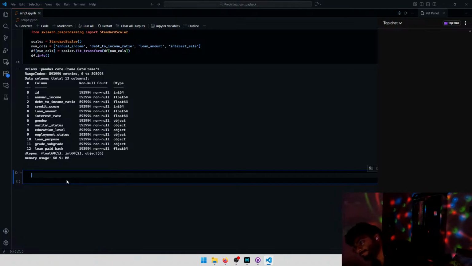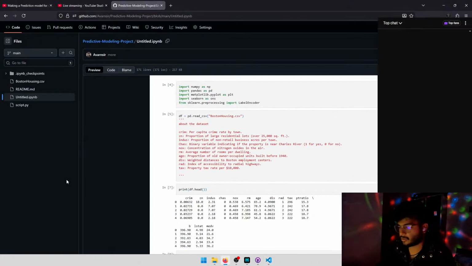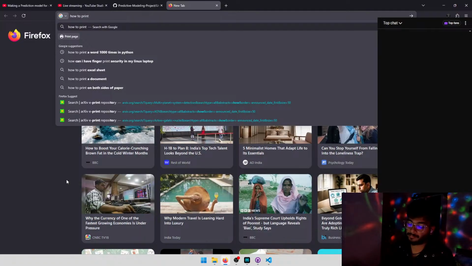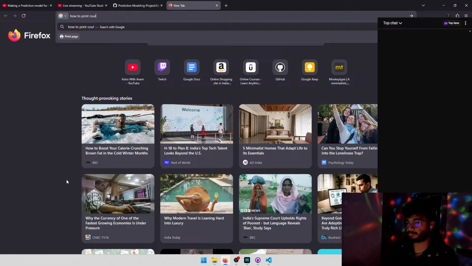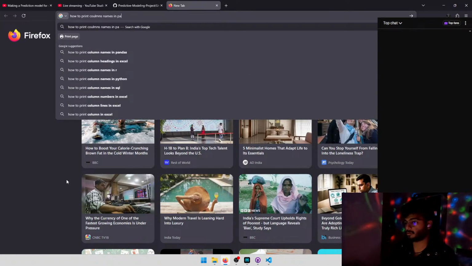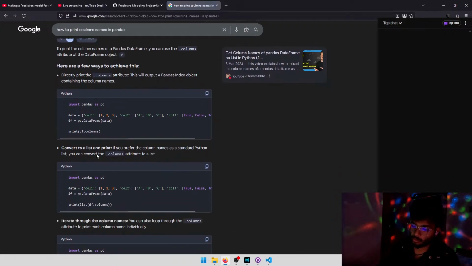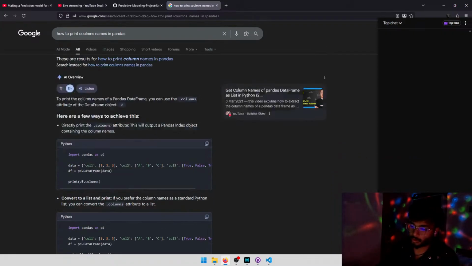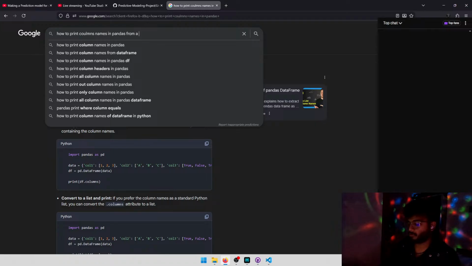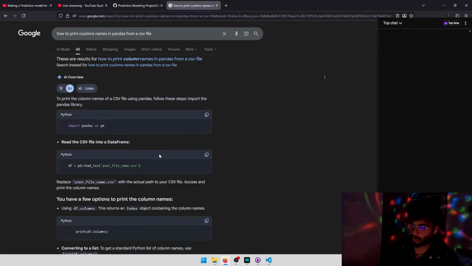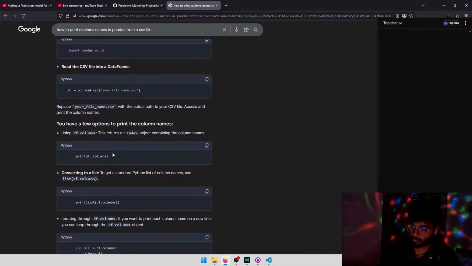So let's start with that. How to print column names in a pandas data frame from a CSV file. Oh, simple.